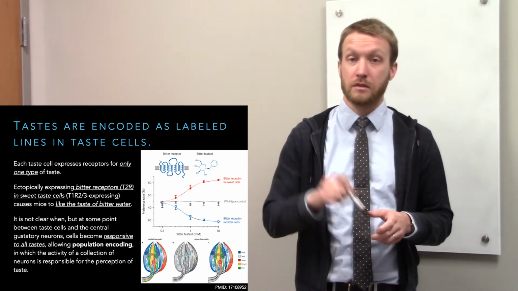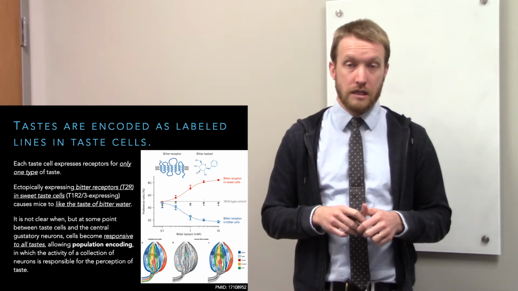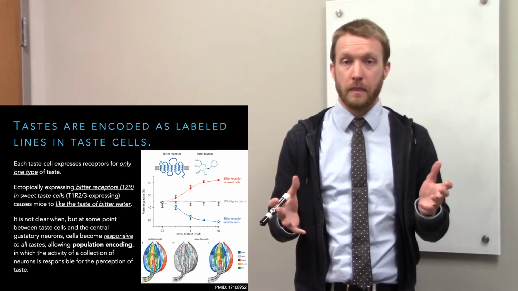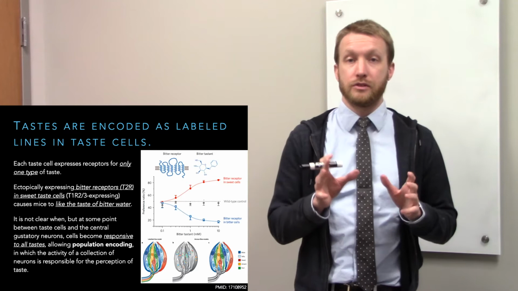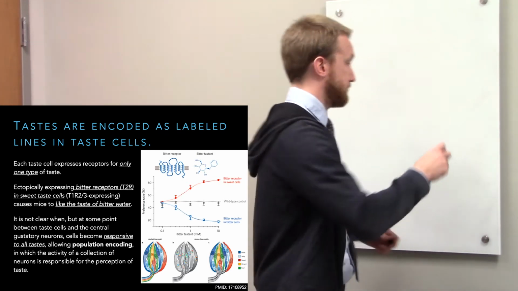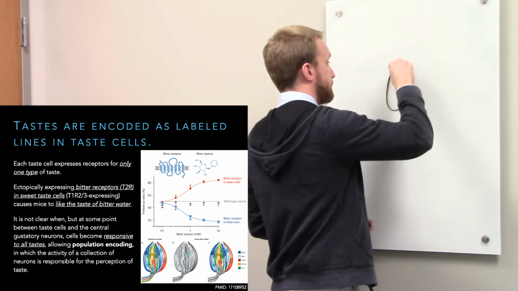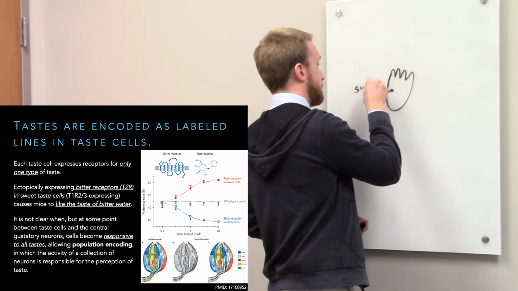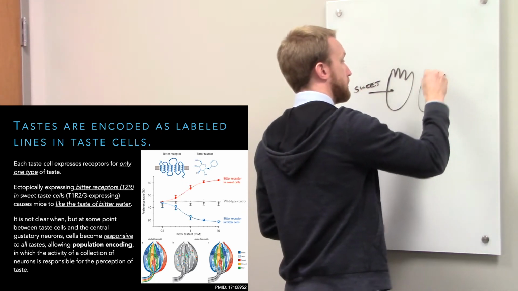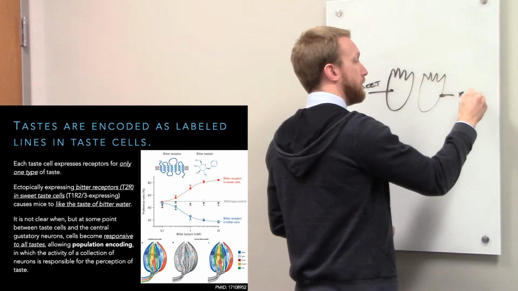Mice don't like bitter water, but they like sweet water. Now, even though they haven't added any sugar, they still added the bitterant. They put the bitter receptor into sweet taste cells. So we had two options here that we could express in, either sweet or bitter.